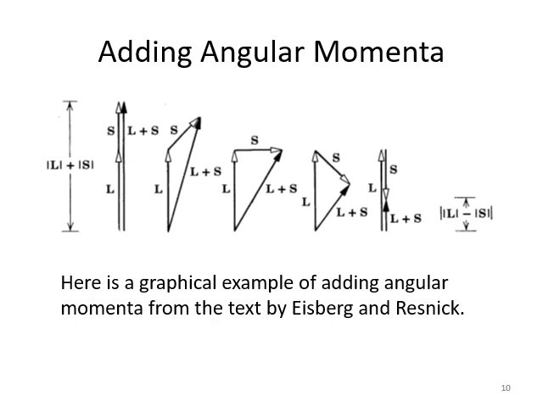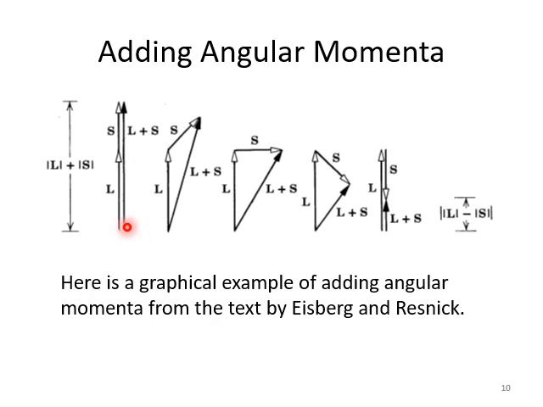And here's just a graphical example of how one adds together, in this case, and in a moment I'm going to talk about it, adding orbital angular momentum and spin angular momentum. They are each vector directions with projections onto the z-axis.